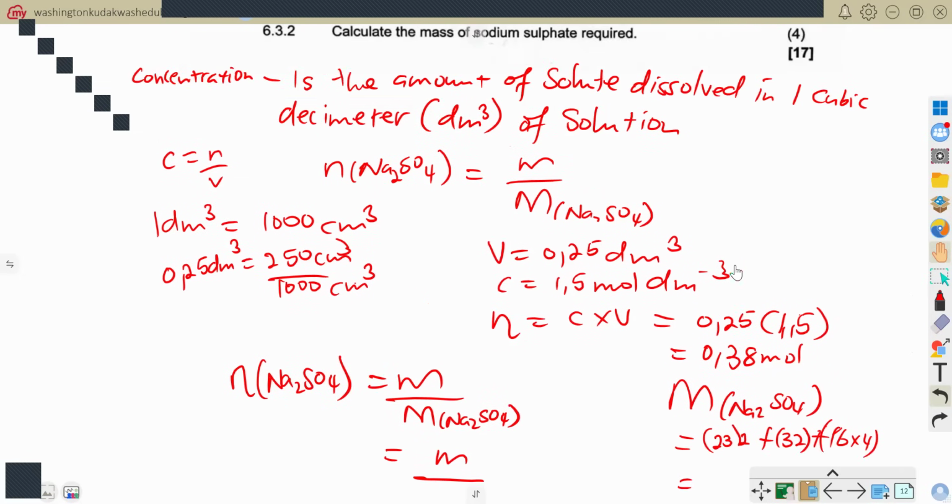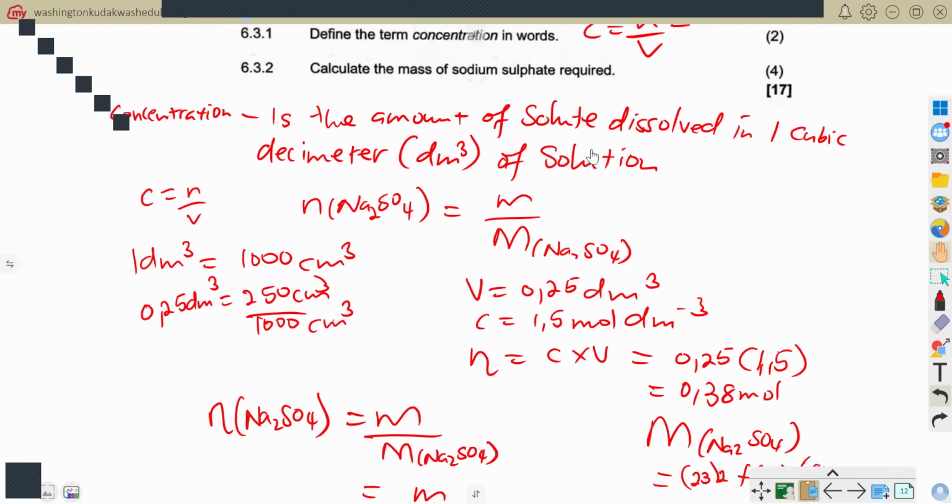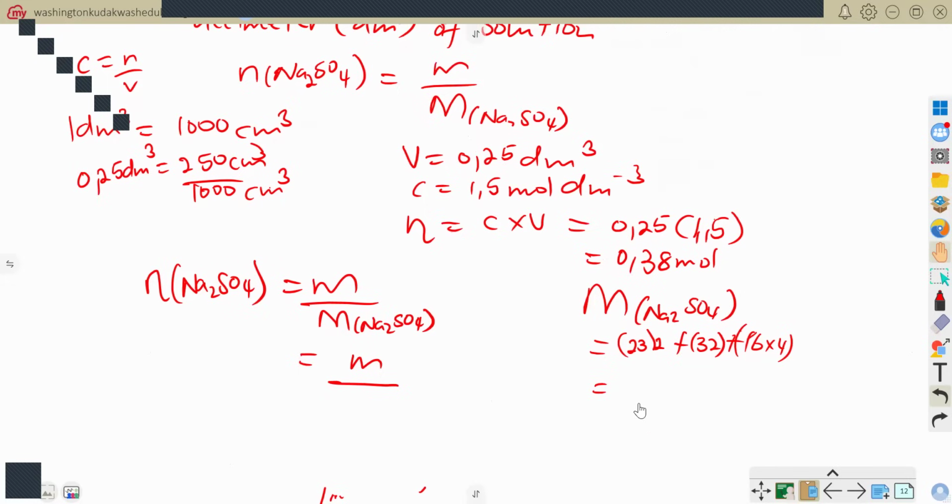So let's look at our question. It is sodium sulfate. Now if I punch in my calculator, why am I finding different values? 23 times 2 gives me 46, plus 32 for sulfur, and then plus 64 for oxygen, and I would get 142 here.